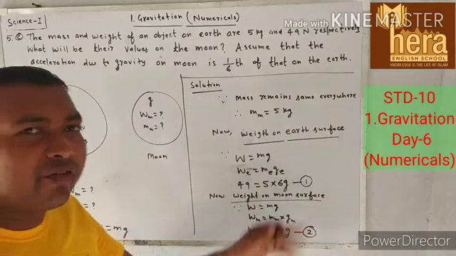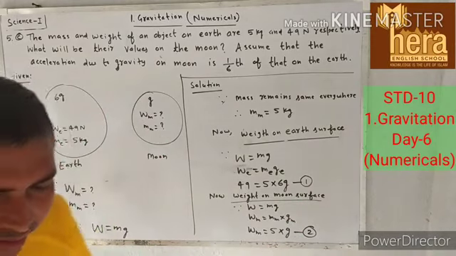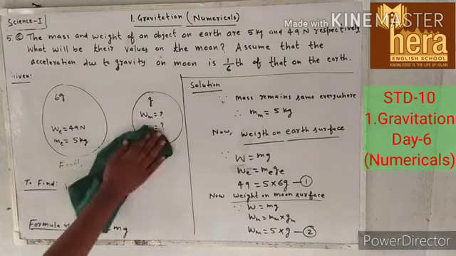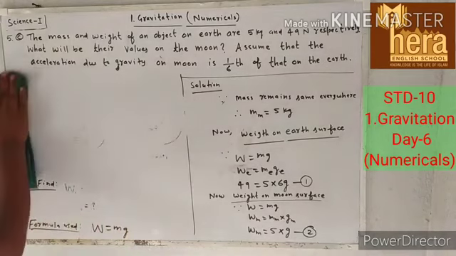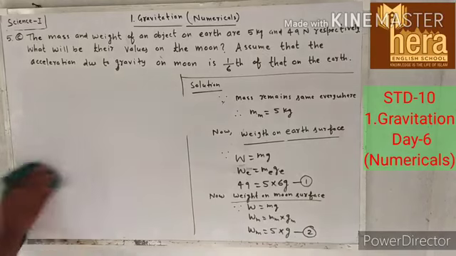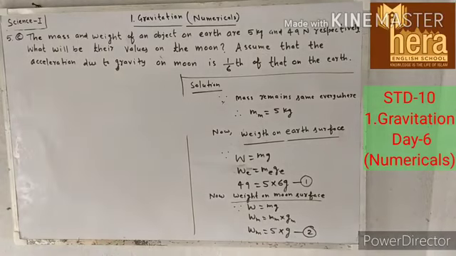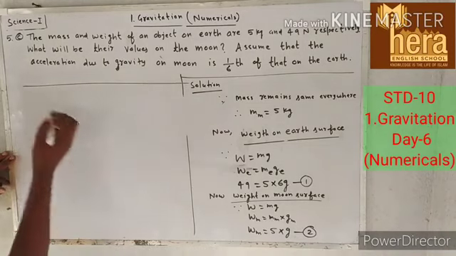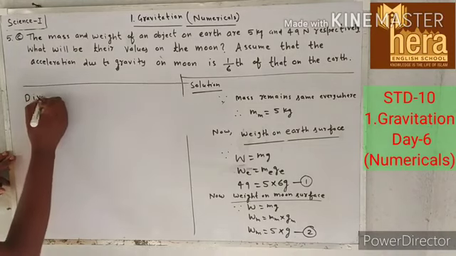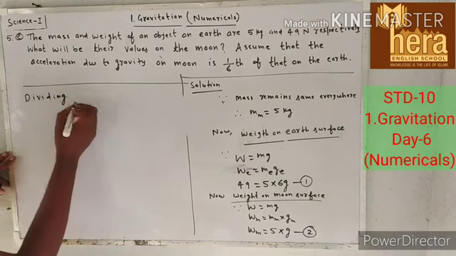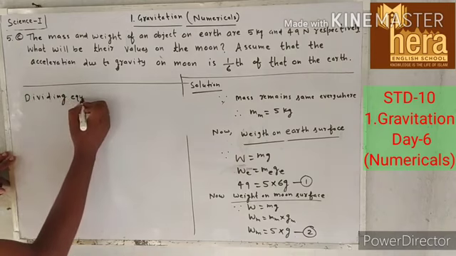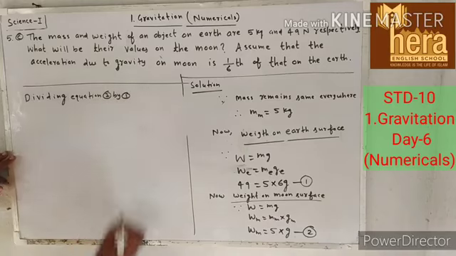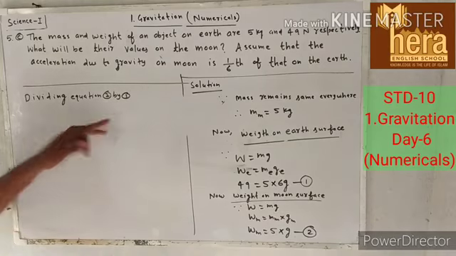Divide equation 2 by 1. Dividing equation 2 by 1 or 1 by 2, the answer will be the same.